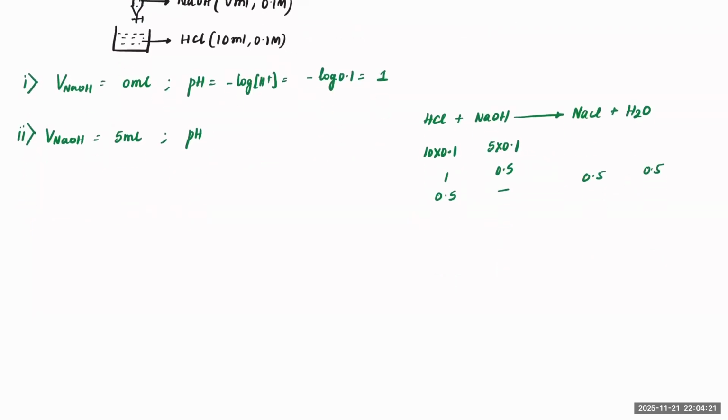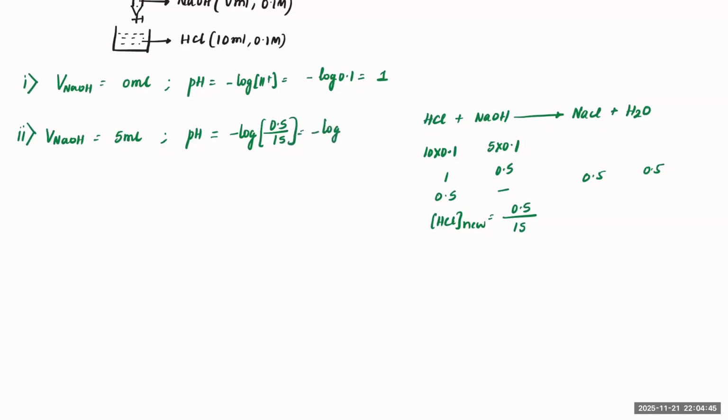And since the number of moles is known, I know the concentration. The new HCl concentration will be equal to number of moles divided by total volume. Total volume is now 15 ml. So pH will be equal to minus log of H plus concentration, which is 0.5 divided by 15 ml.